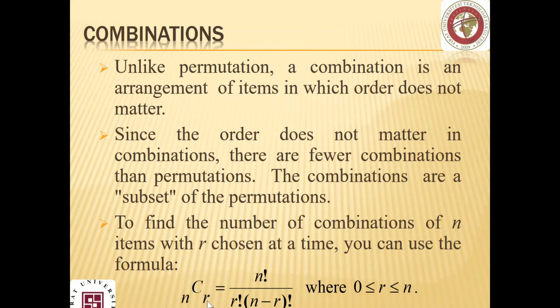The combination of R taken from n, R is the subset, and n is the whole set. There are different ways, by the way, of representing combinations and permutations, but remember, it doesn't matter, the concept matters. So you say C n R, or C R taken of n, or you represent it by big parentheses, putting the set and the subset.